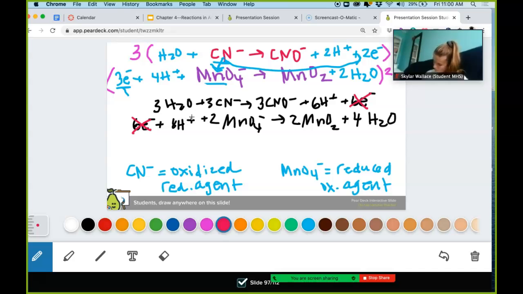There's 8 hydrogen ions on the left and 6 on the right. So all 6 of these are gone, and 8 minus 6 leaves me with 2 hydrogen ions. I have 3 waters on the left and 4 waters on the right. So all 3 of these are gone, and I'm only left with 1 water over here.